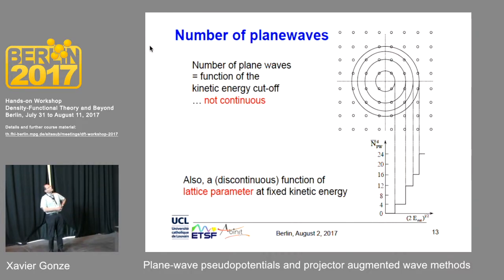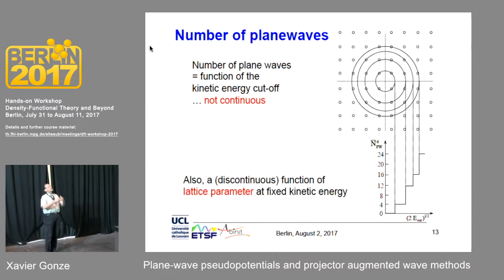We can plot as a function of the cutoff energy, here where we'll take the square root in order to go back to the length in reciprocal space. In two dimensions, we will not have a sphere but a circle, and you see I'm selecting, thanks to these different circles, all the discrete points that form a reciprocal lattice here shifted by the k vector.